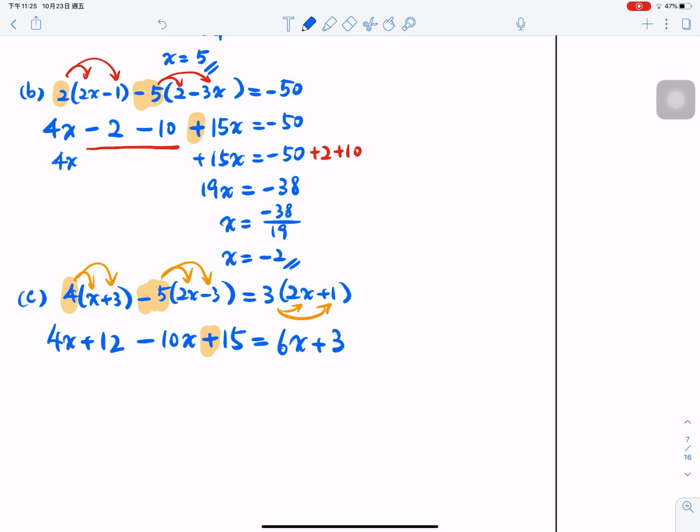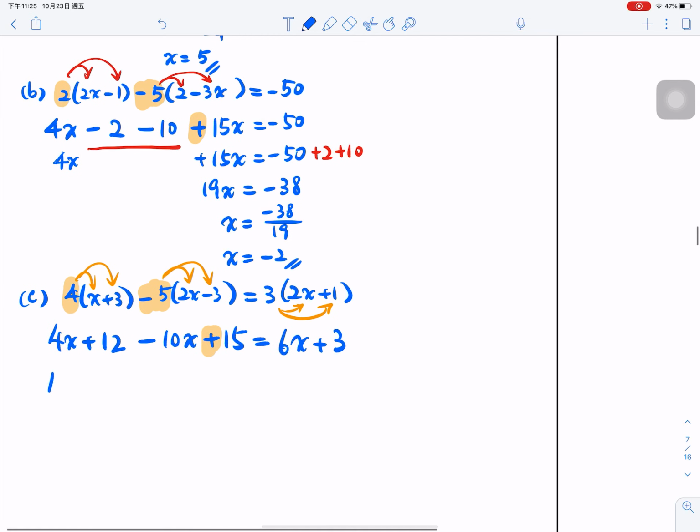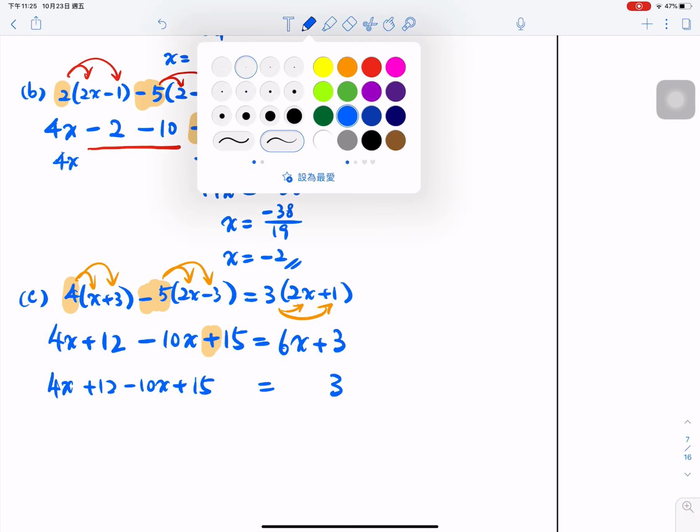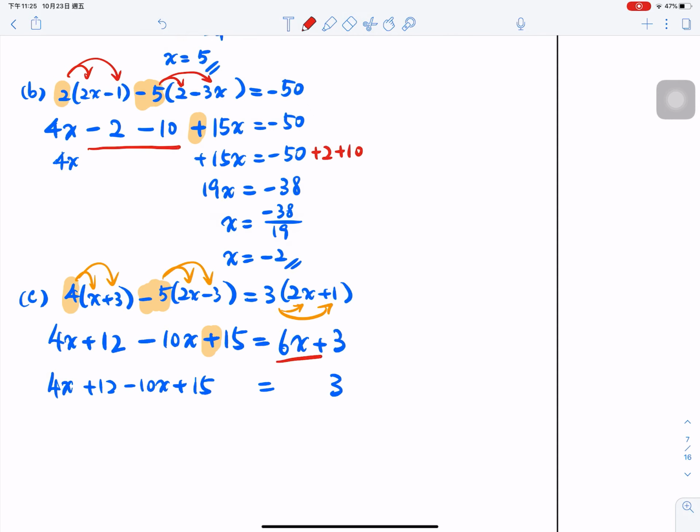Put all x on one side and other values on the right hand side. So 4x, let me write out all things first. Here, 6x, I want to put it at the left hand side, so minus 6x on both sides.